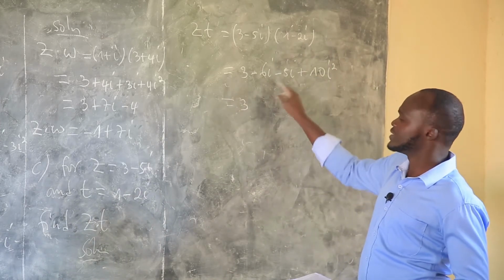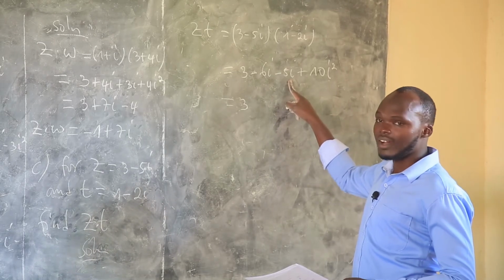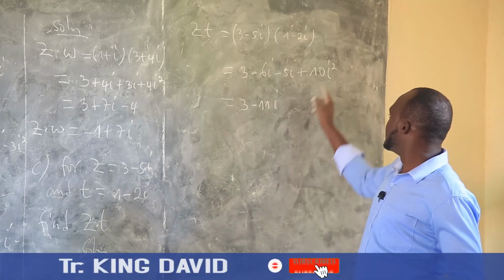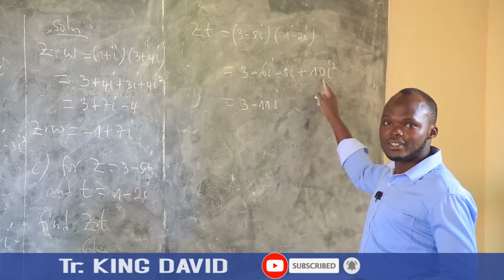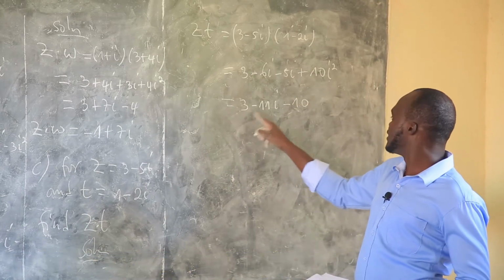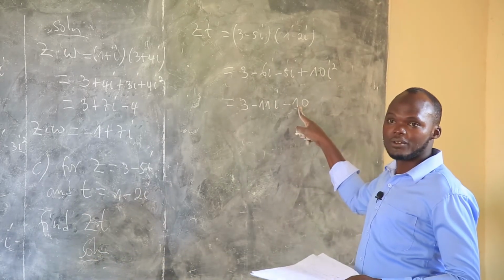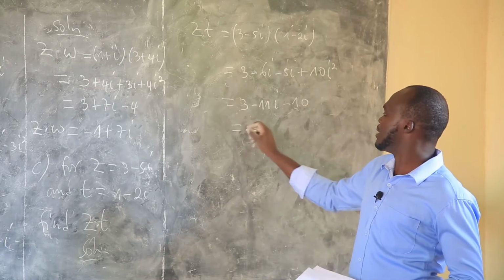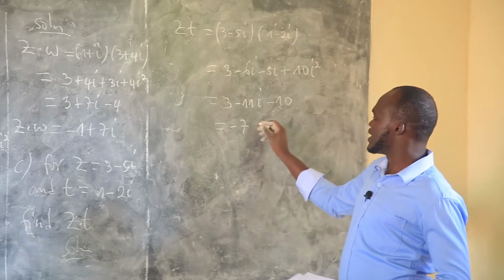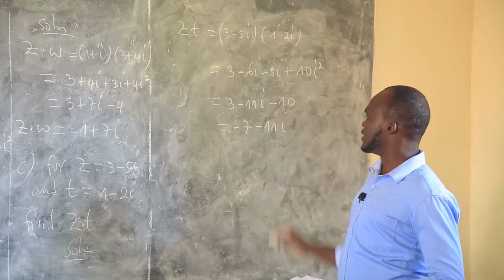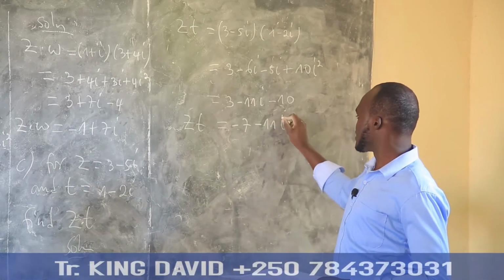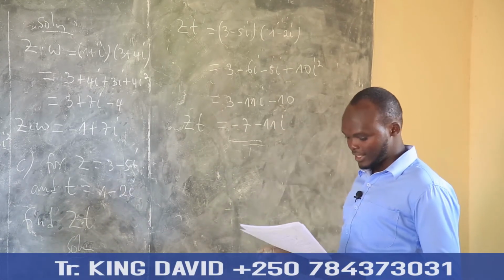This is imaginary part, negative 6i minus 5i, that's negative 11i. Then 10i squared, i squared is negative 1, it will be negative 10. So 3 and negative 10, when you add them together, it becomes 3 minus 10, which is negative 7. Then minus 11i. So this is zt. So that is the answer of z times t.